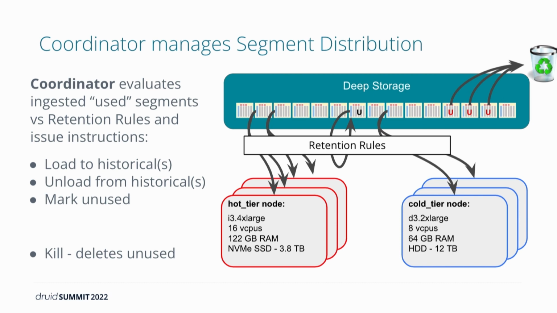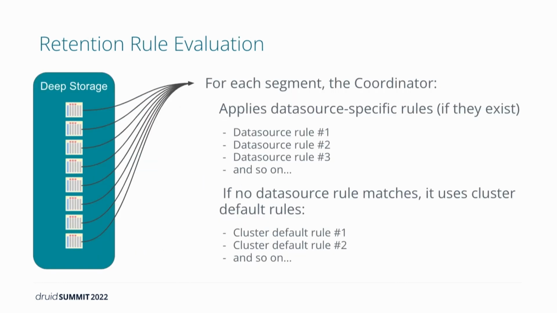It will look at all of the segments that have been ingested into deep storage, and it'll apply retention rules to each of them, issuing commands to the historicals in each of the tiers to either load segments into the historicals, unload them from the historicals, perhaps mark them as unused if the segment is no longer needed, and then finally killing segments, which deletes them from both the metadata and the deep storage in the end. So this is overall what the coordinator job is doing.